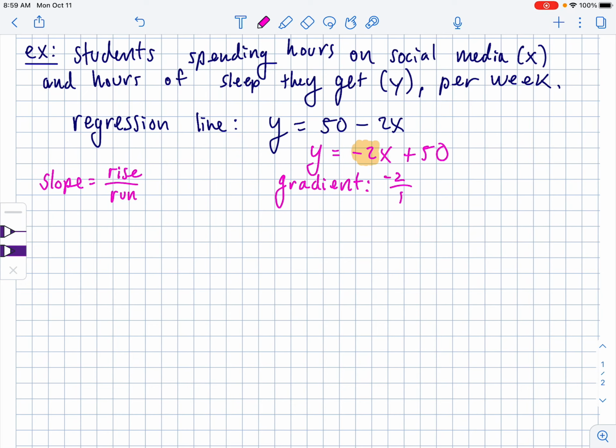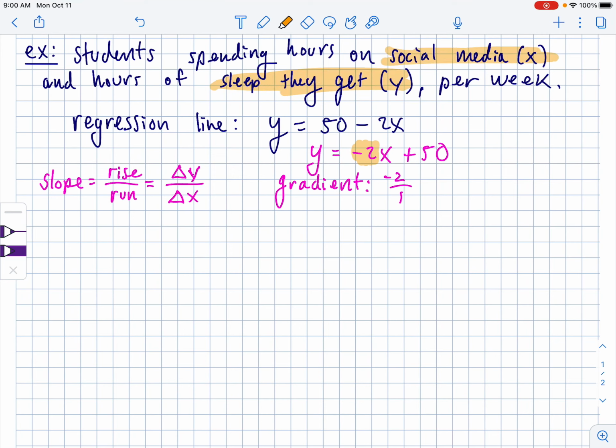Now remember that a slope or a gradient is rise over run, or it's change in y over change in x. Or it's y2 minus y1 over x2 minus x1 if you have two coordinates and you're trying to find it.